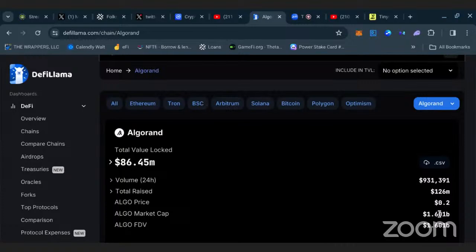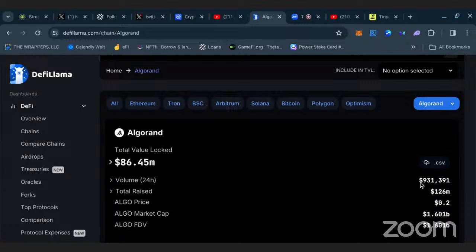I've been dealing with Algo since the market cap was, let's say, $500 million. So it's doubled since then. Now it's at 1 billion. Bitcoin is at $1 trillion market cap. Algorand is at a $1 billion market cap. And you want to know what the volume looks like, right? How many transactions are going through this network?